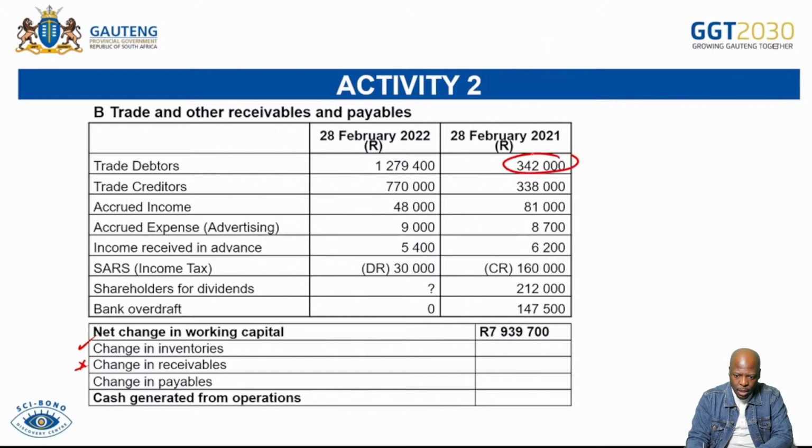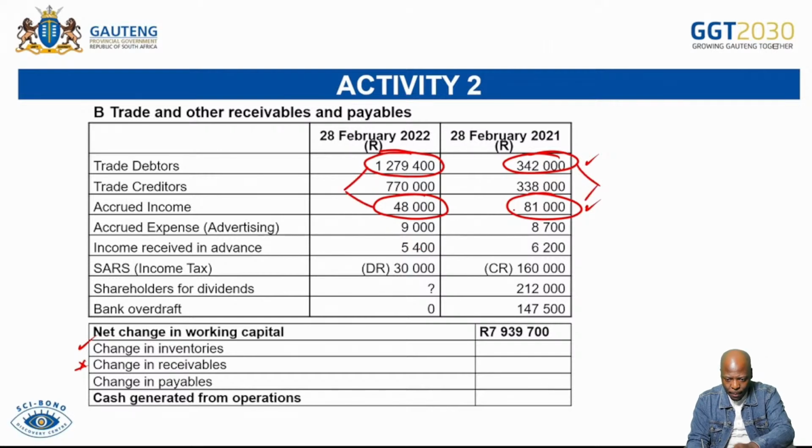I'm going to take my 342, and then I'm going to come, I see my accrued income, I take my 81. All right, so I take my 342, I take my 81 as well. All right, so I come to the other year, so all the other amounts, I'm not going to consider them. And then I also take my 1,249,700. I also take my 48,000 over there. So I'm going to add these ones and see how much I get.